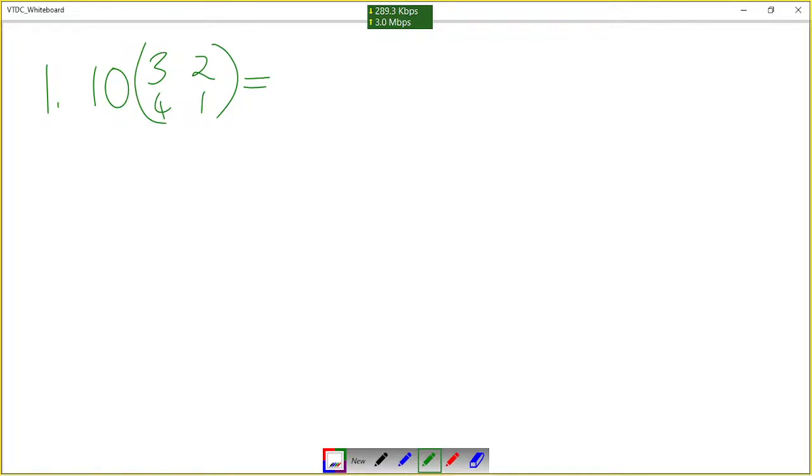The second question, which is question 2: T is equal to, open bracket, 2, 3, 1.